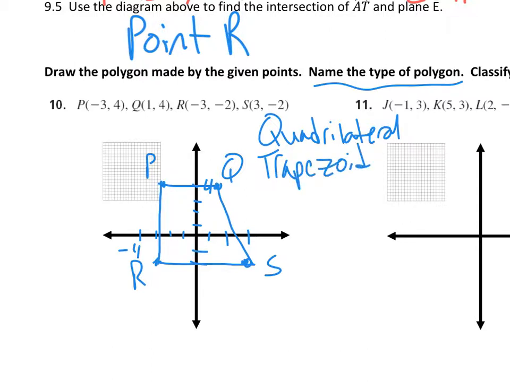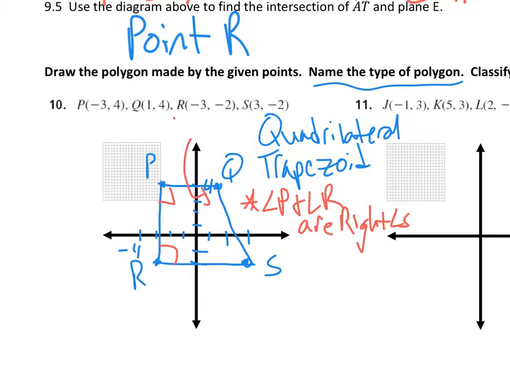And then we want to classify the angles. Angle P and angle R, these right here are 90 degrees. They're right angles. And then we've got angle Q, this one right here. This is obtuse.